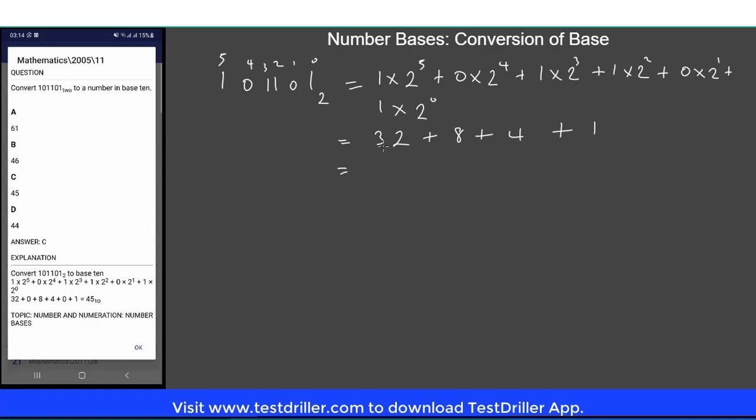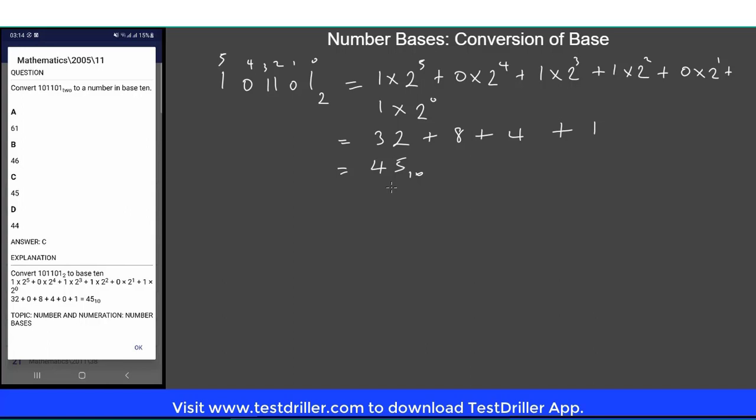So let's add this up. So 32 plus 8, that's 40. 40 plus 4, that's 44. Then plus 1, that's 45 in base 10. So in this case, the right option is option C.